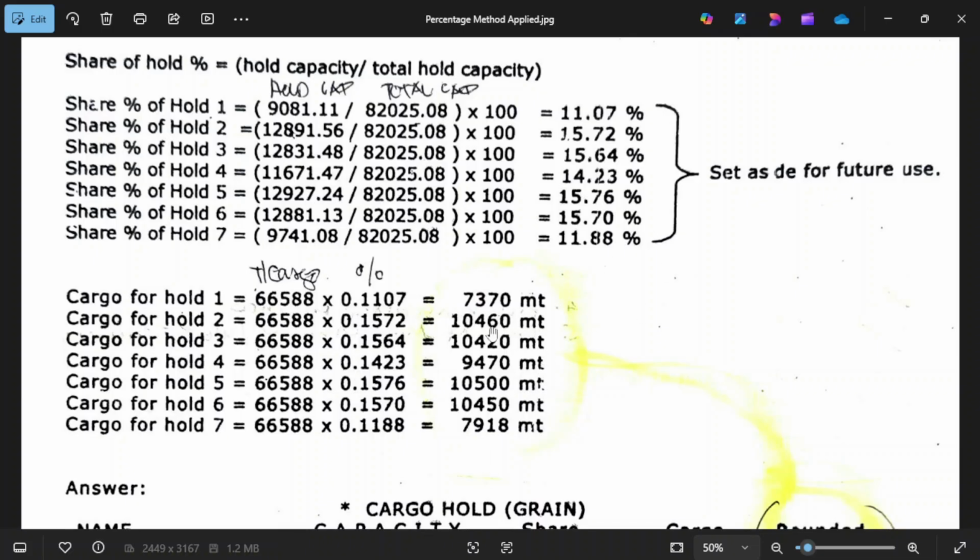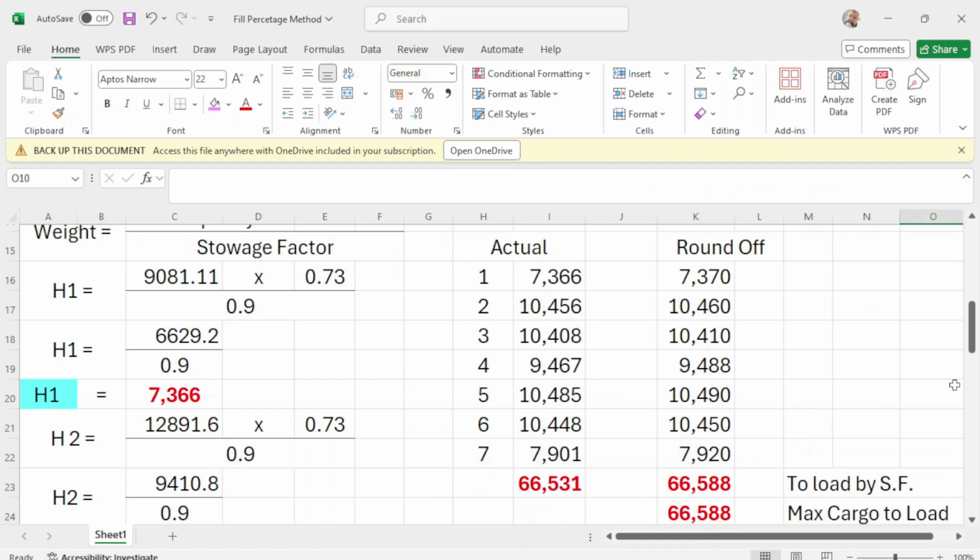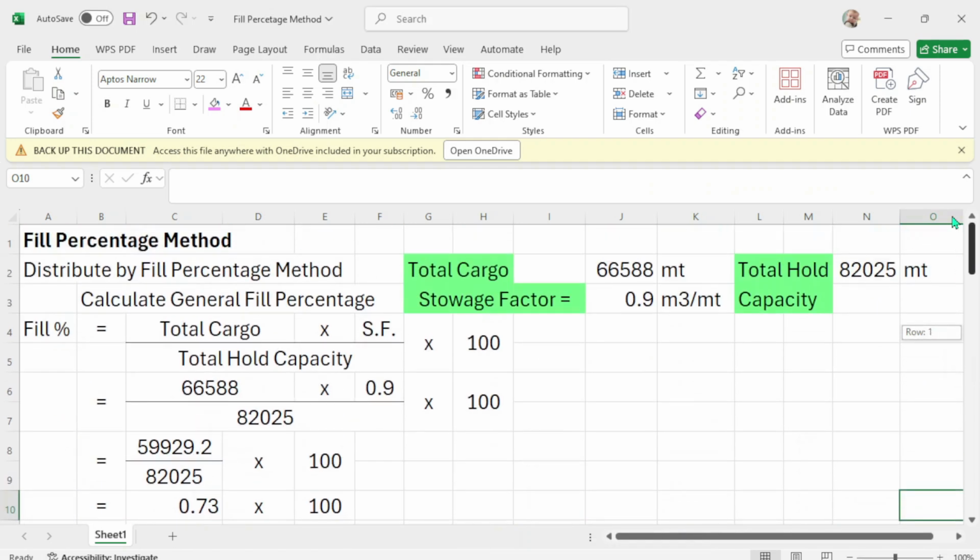Once you get this value, you apply this in your loadicator. And this one is when you use the stowage factor. So you have your total cargo of 66,588, and you have your total hold capacity. Then here you have your stowage factor of 0.9 cubic meter per metric ton.